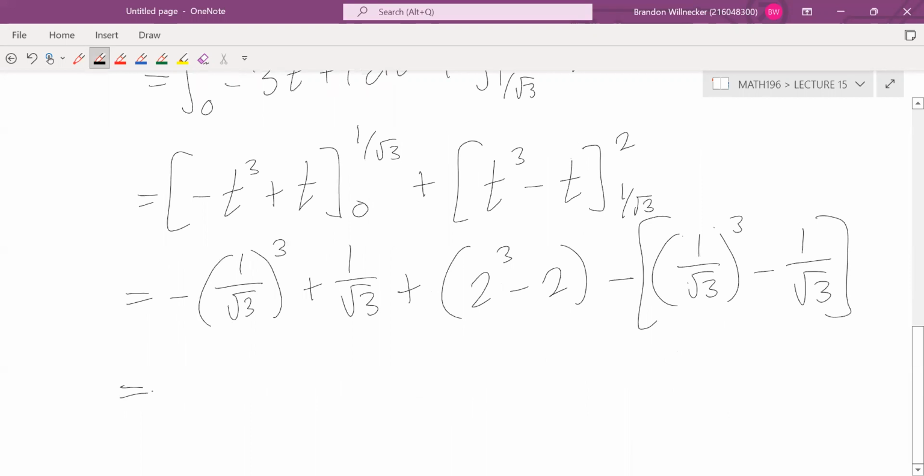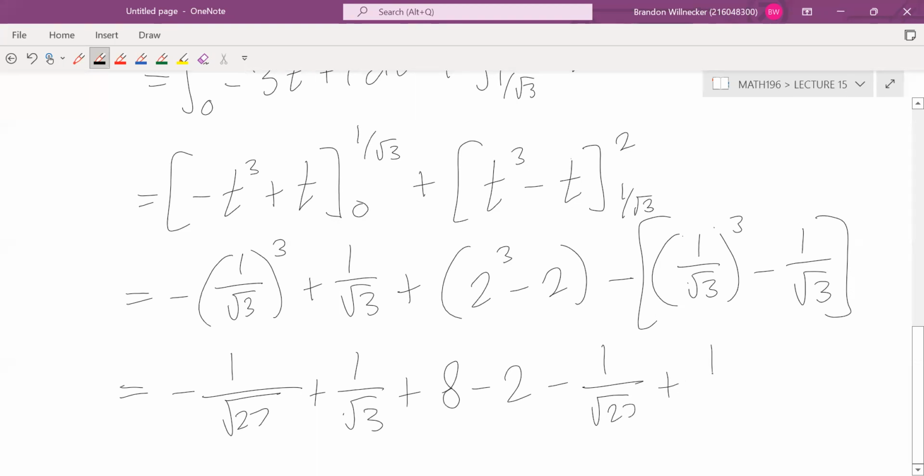Okay, so for this first part here, we're going to have minus 1 over root 3 cubed, which is 1 over root 27, plus 1 over root 3, then plus 8, minus 2, minus 1 over root 27, and then plus 1 over root 3.